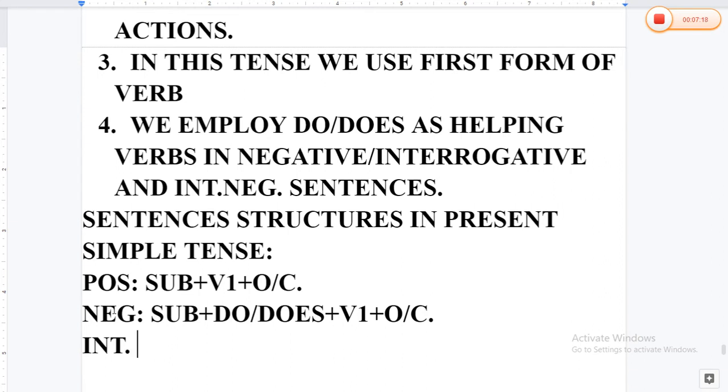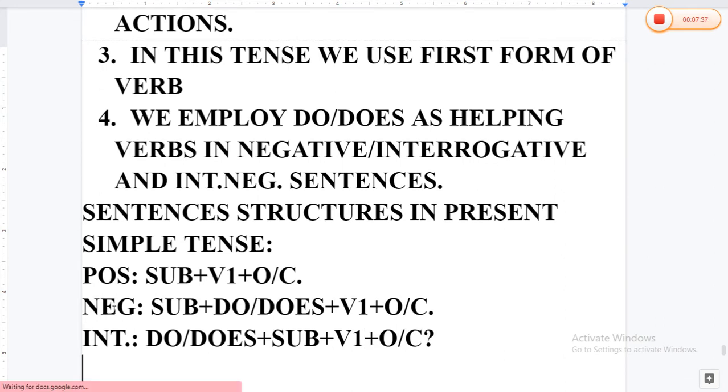Interrogative: do, does, subject, verb first form, object, complement, question mark.